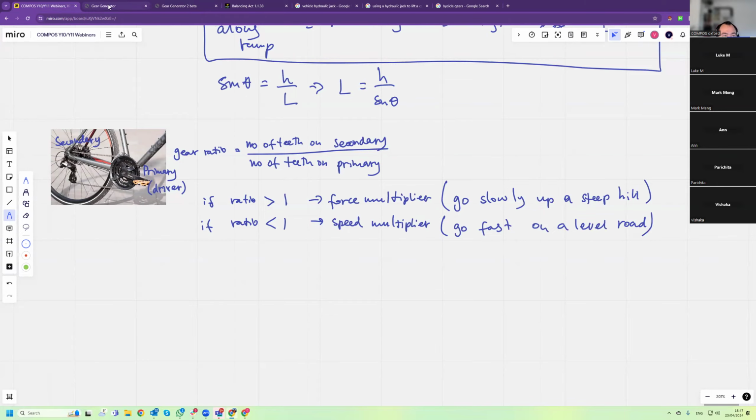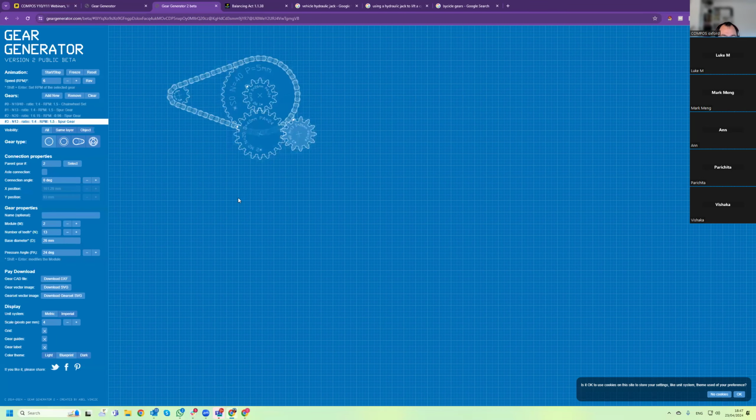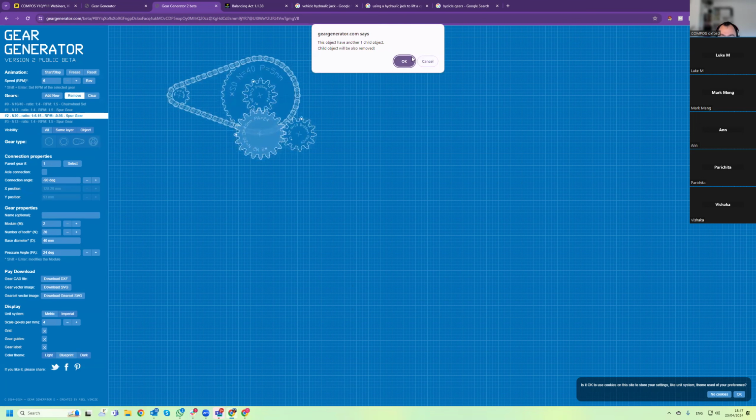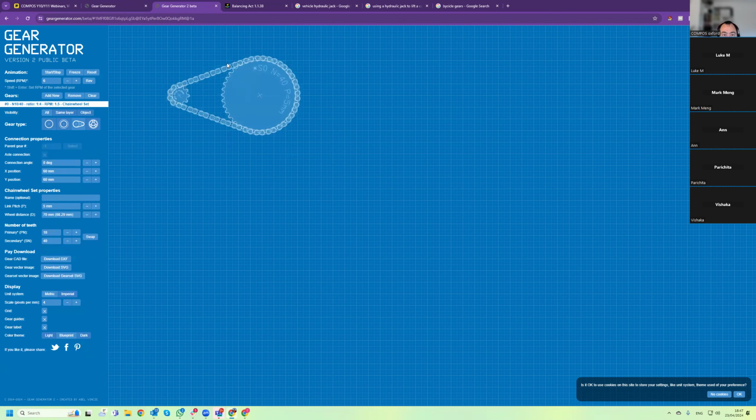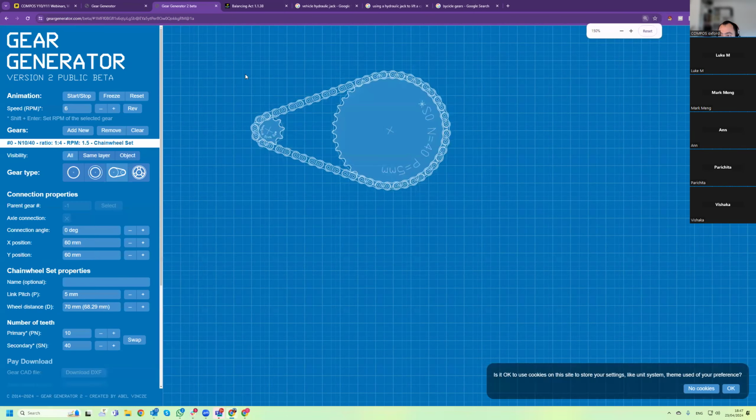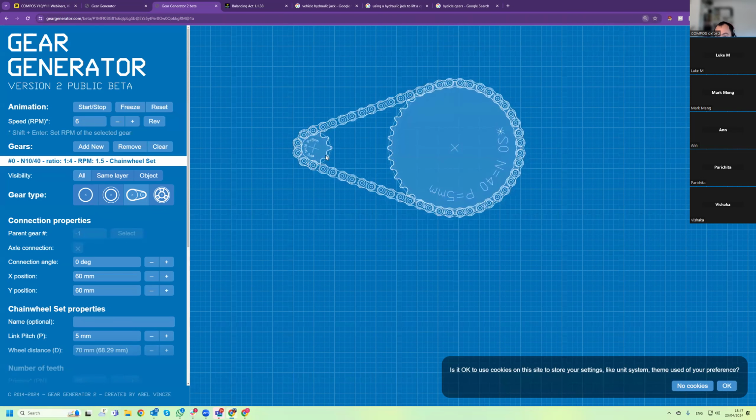Okay, so let's have a look. Here we have a gearing system. So this is the driver, and this is the driven gear. And as you can see, because there are fewer teeth on the driver, it spins faster than the driven gear.